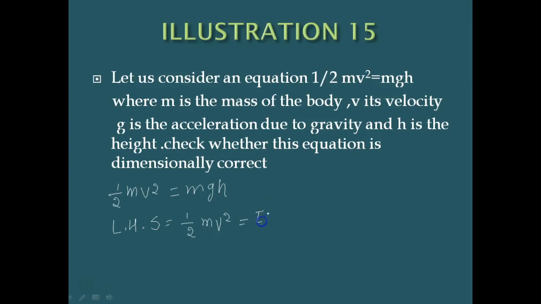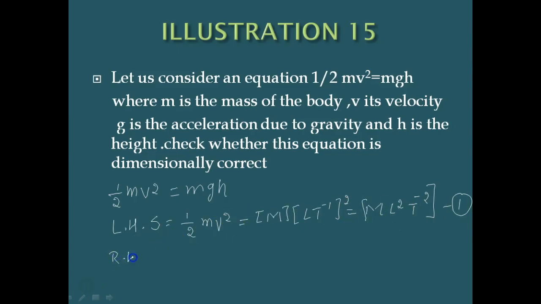half is a dimensionless quantity, and for mass we have M, and for velocity we have L T raised to minus 1 whole square, and the resultant value will be M L square T raised to minus 2. So this is the LHS dimension.